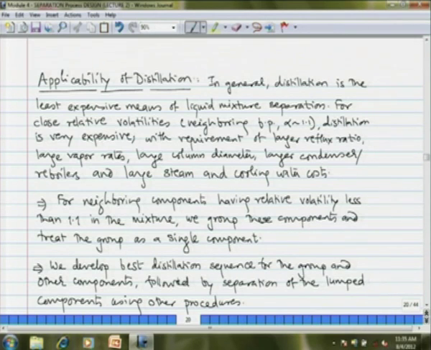So, that is the limitation of distillation. As alpha becomes closer to 1, like 1.1, 1.2, you have the problem that a very large number of plates would be required for separation of the mixtures.